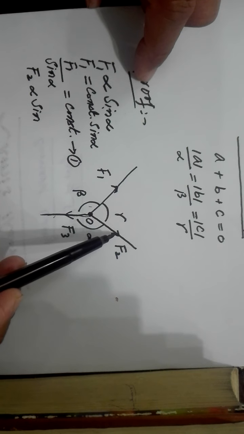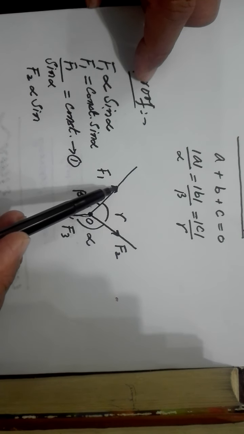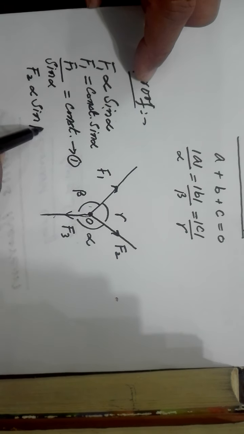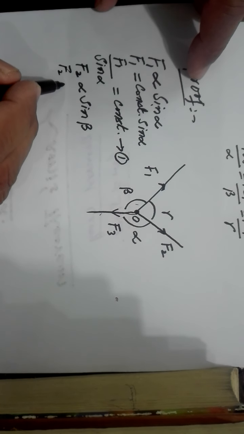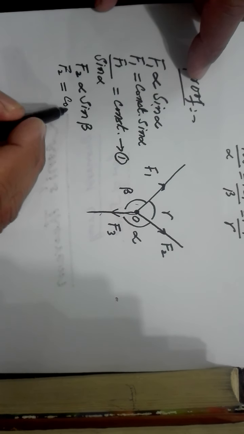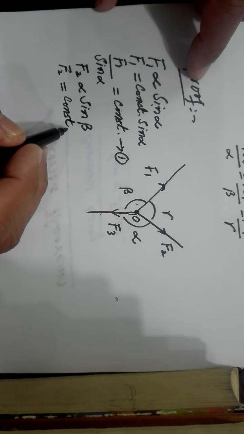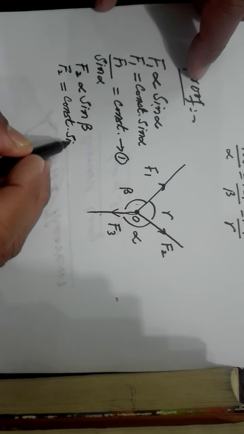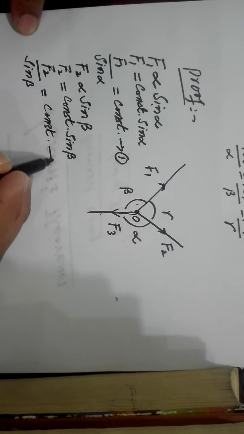Now, the other two forces would be F1 and F3, and the angle between them is beta. So F2 will be equal to a constant into sine of beta, or F2 over sine of beta will be equal to a constant.